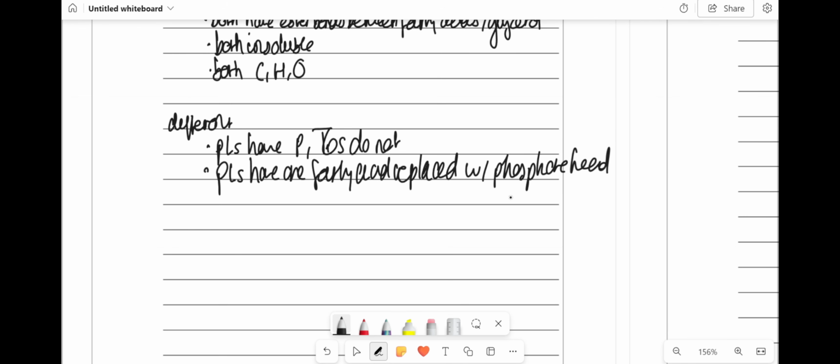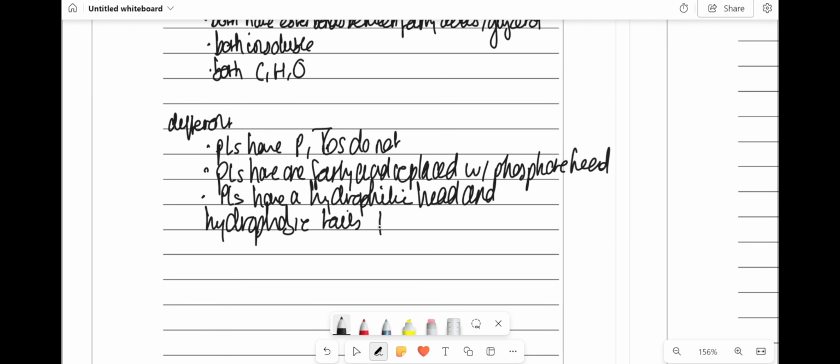Also, phospholipids have a hydrophilic head and hydrophobic tails, whereas triglycerides, remember, can you see how I'm saying comparative statements? This and that, this and that. This has been replaced. So triglycerides only have hydrophobic tails. And there you go.